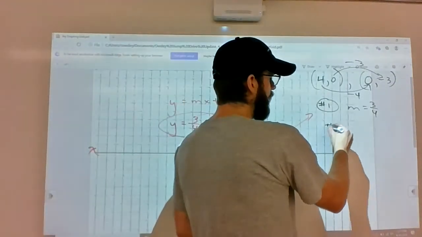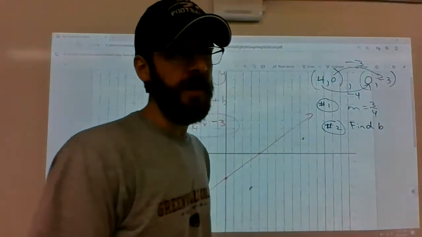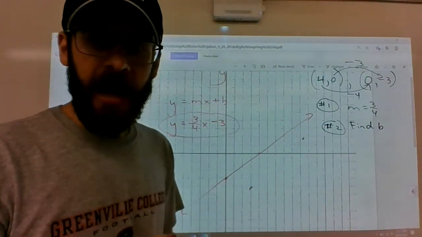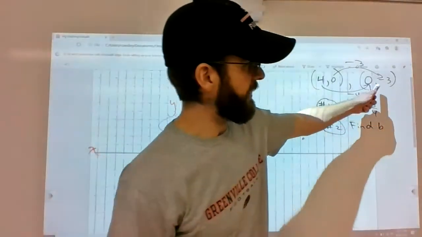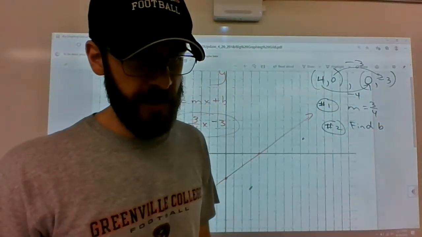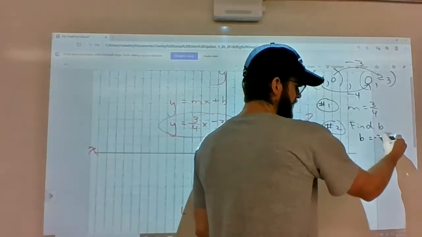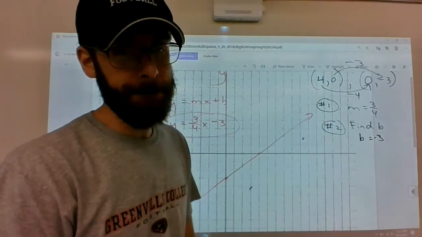Anyway, on number 2, when you're supposed to find b, I would hope you guys would have the presence of mind to say, I know we've got the b because the b is right there. It's the y-intercept. So if they give us the y-intercept and we're solving for the y-intercept, we should just be able to say b equals -3 right off the bat.